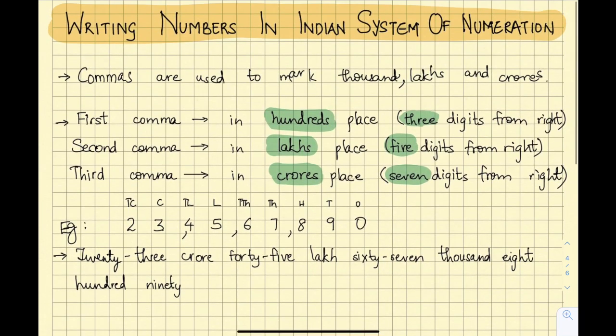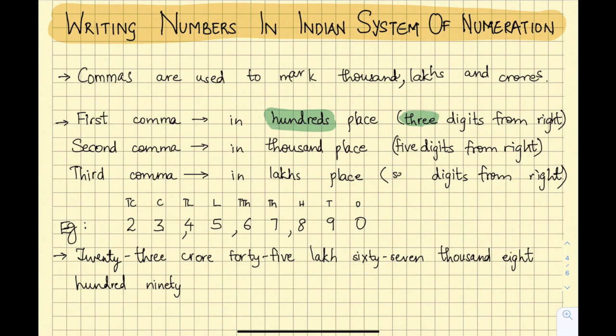Okay, here we can make certain changes. Here, after the hundreds place we have thousands. So here from 5 digits, and then after 1000 we have lakhs.